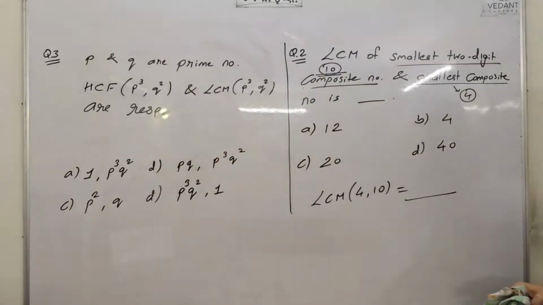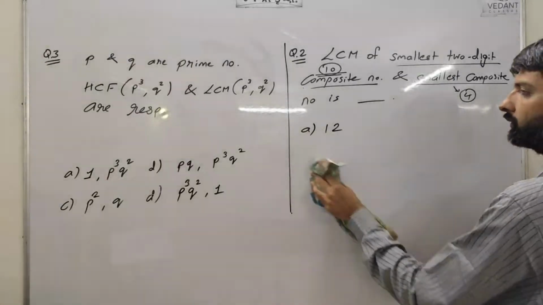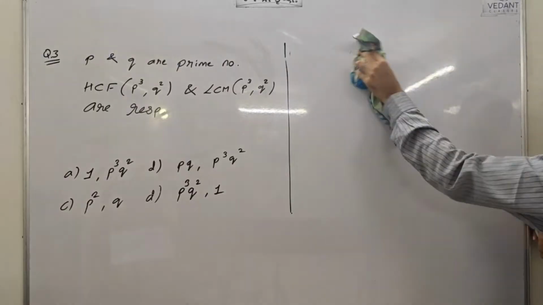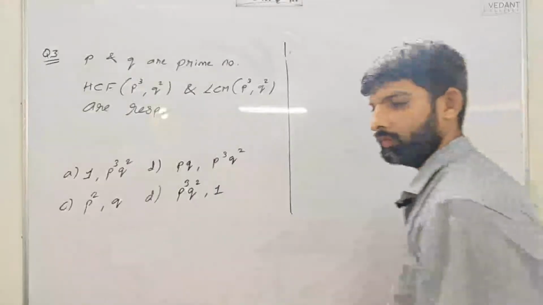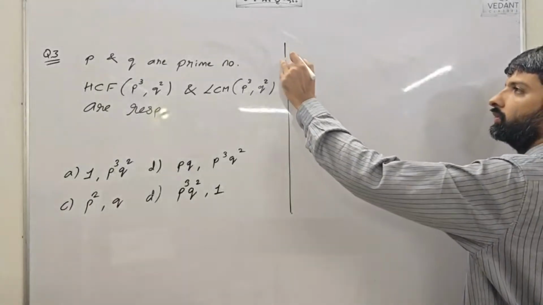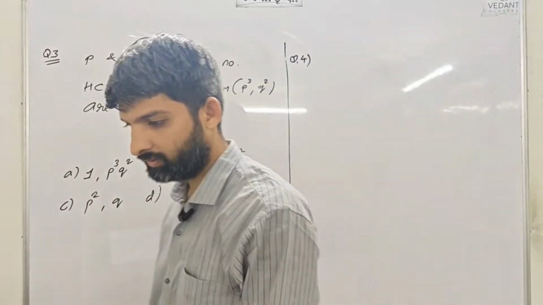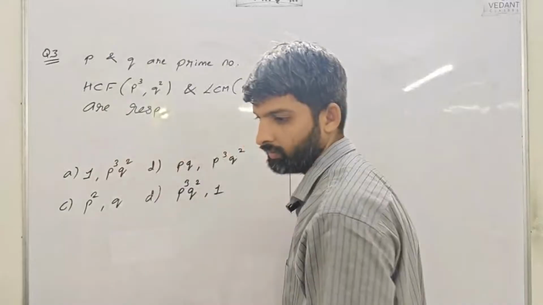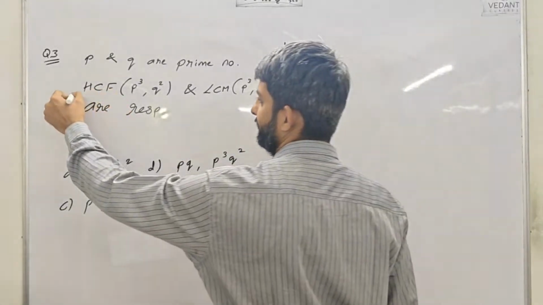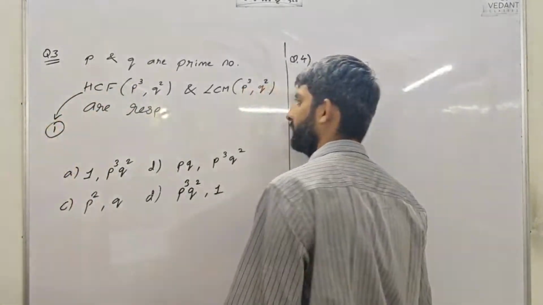Okay, very good. So here the answer will be option A. Since there is no common factor, the HCF will be 1.